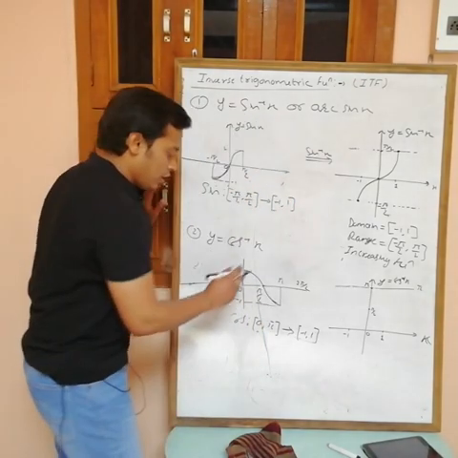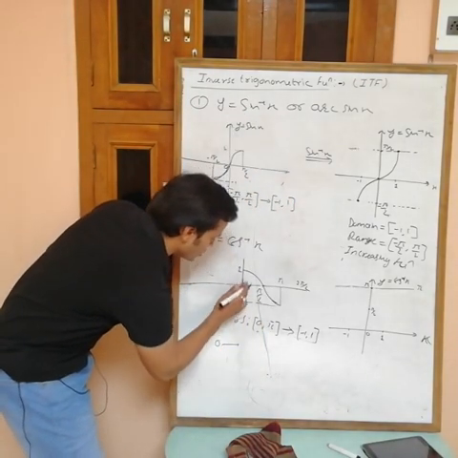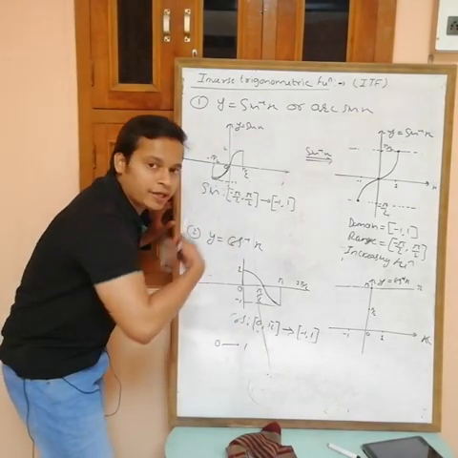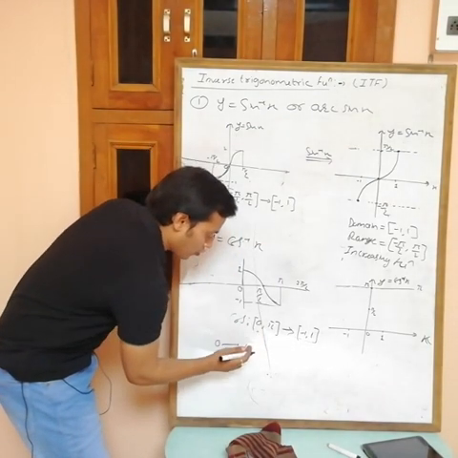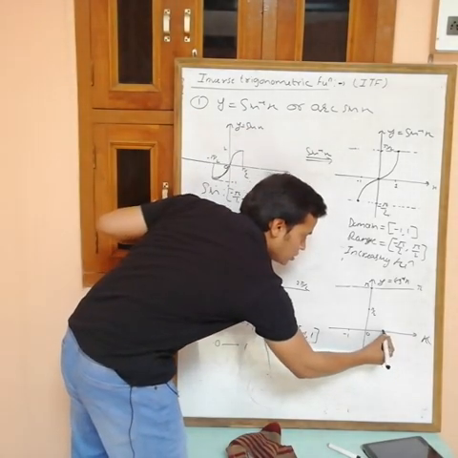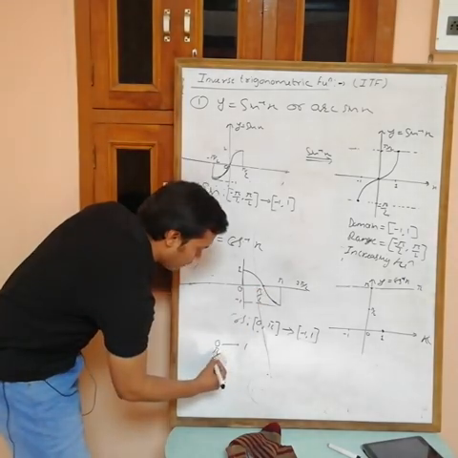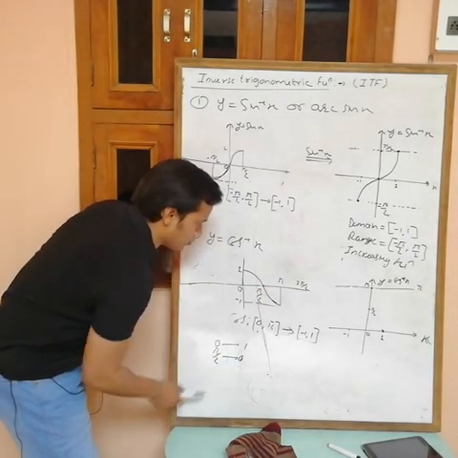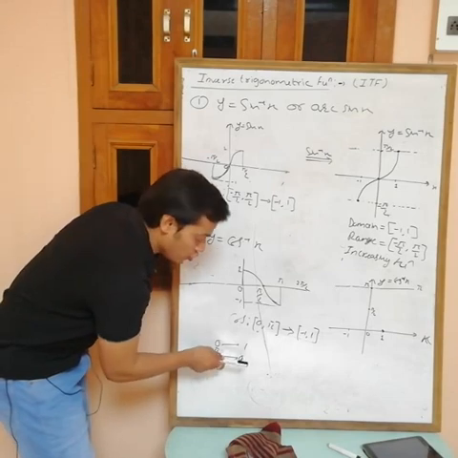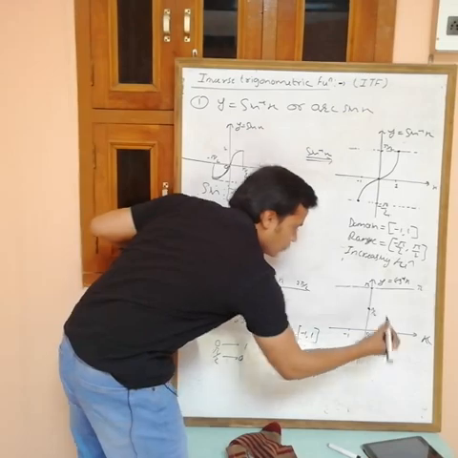In case of cos, the value of cos at 0 is 1. Then in case of cos inverse, the value of cos inverse at 1 is equal to 0. In case of cos, the value at pi by 2 is 0, cos pi by 2 is 0, so cos inverse 0 is equal to pi by 2.